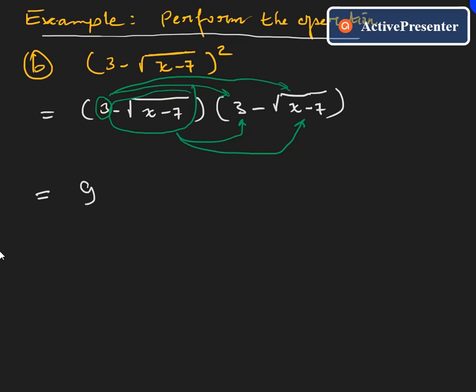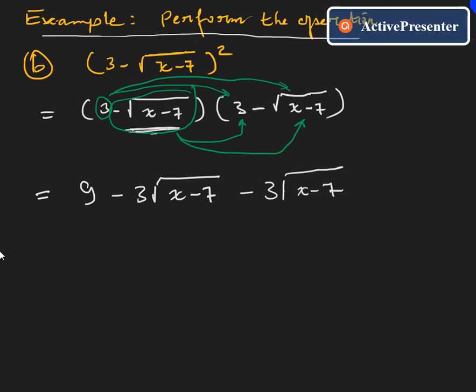3 multiplied in minus square root of x minus 7 should be minus 3 square root of x minus 7. Then minus square root of x minus 7 multiplied in 3 should also be minus 3 square root of x minus 7.